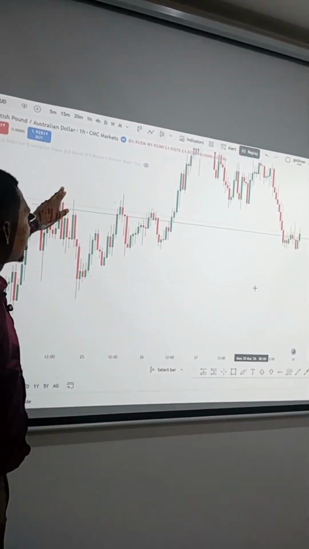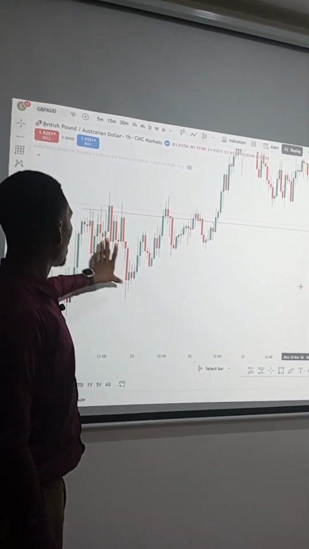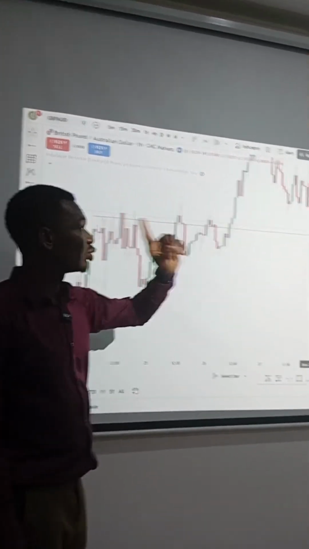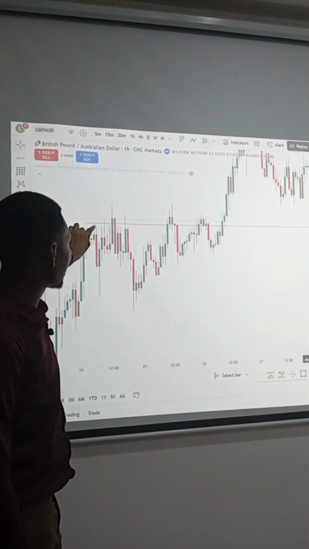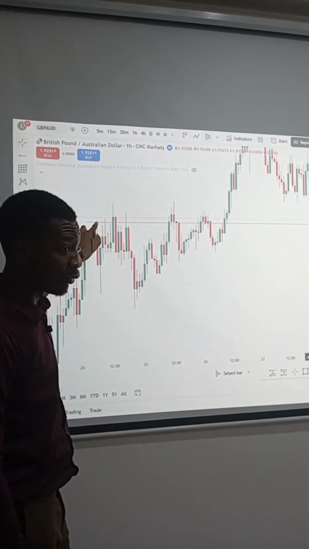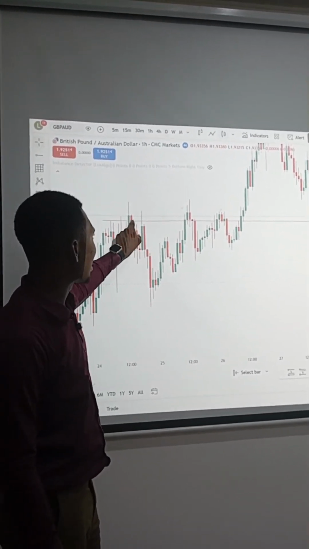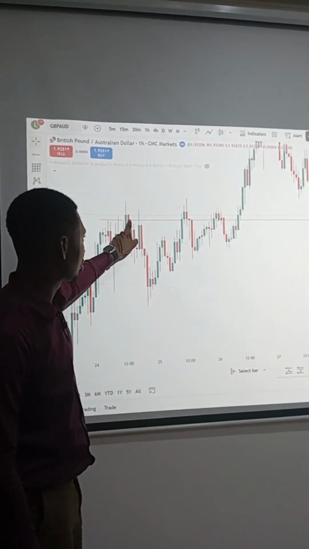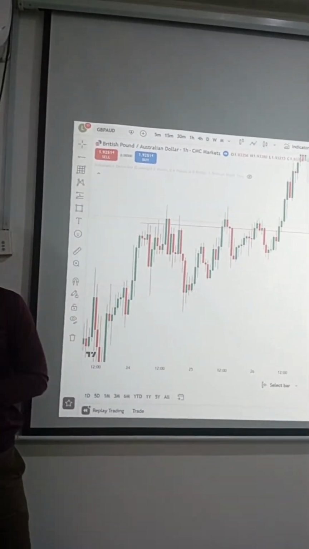Why didn't I use it here? It's because all of these are actually reacting to a particular level. If I pick my level from here, remember this place is also a breaker, so it's a level that price dropped from, and then we finally had a break of structure somewhere here. Are we together? Yes. So this particular level is the original level.